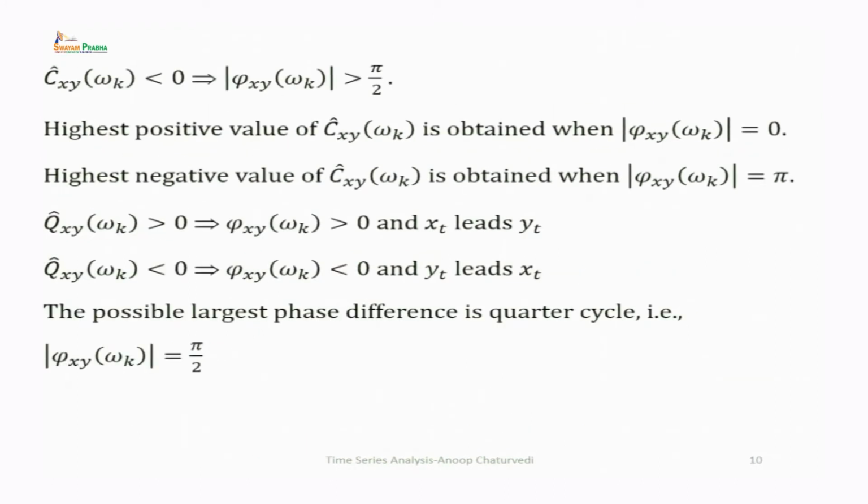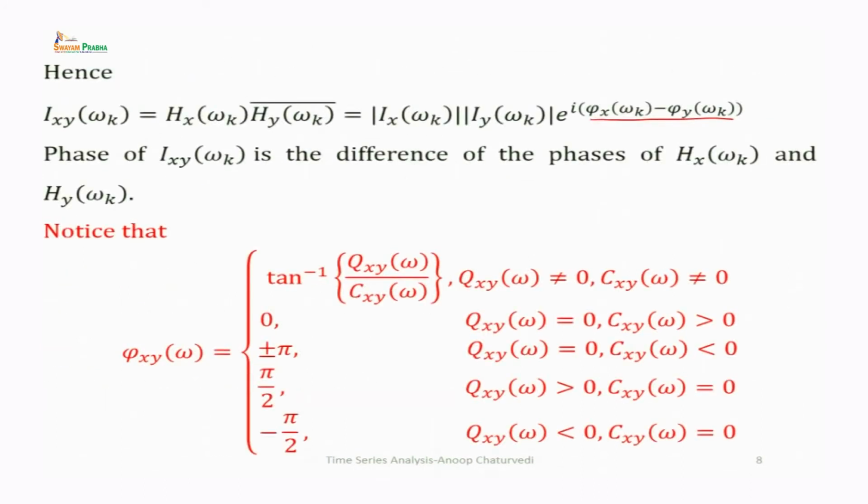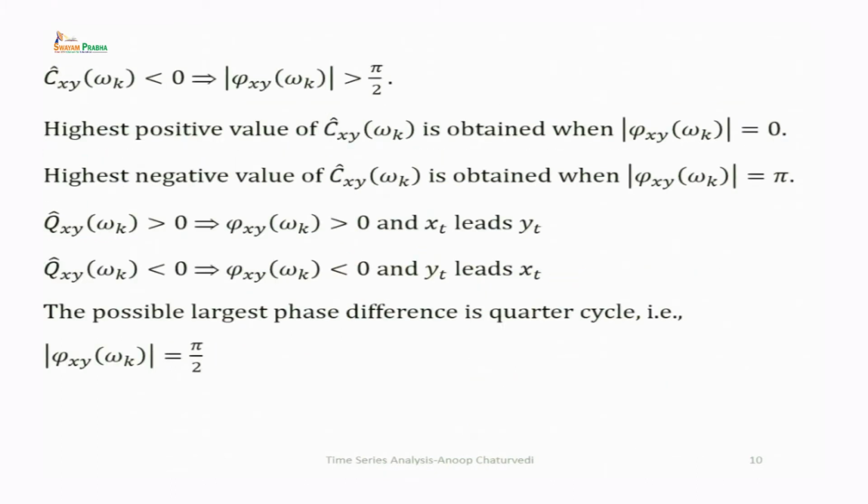So, the highest positive value of ĉ_xy(ω) is obtained when |φ_xy(ω)| is equal to 0. When you get |φ_xy(ω)| equal to 0, in this case c_xy(ω) is greater than 0 here. Then the highest negative value of ĉ_xy(ω_k) is obtained when |φ_xy(ω_k)| is equal to π. Again, you can verify from those values of φ_xy(ω_k).